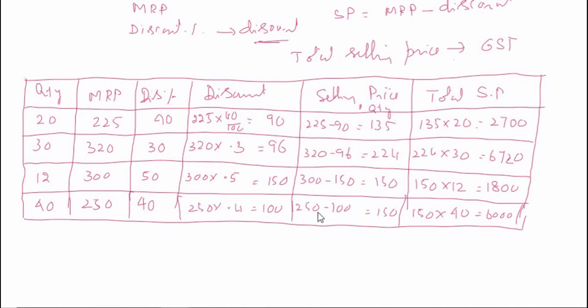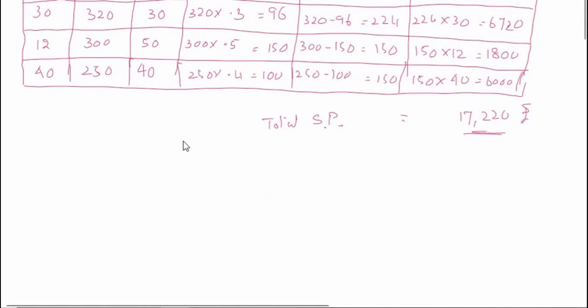What is the total selling price for all the items? The total SP for all the items. So if you add this, it comes to 17,220 rupees. This is the total SP. Now we need to calculate GST on this. Now GST is at the rate 12%.